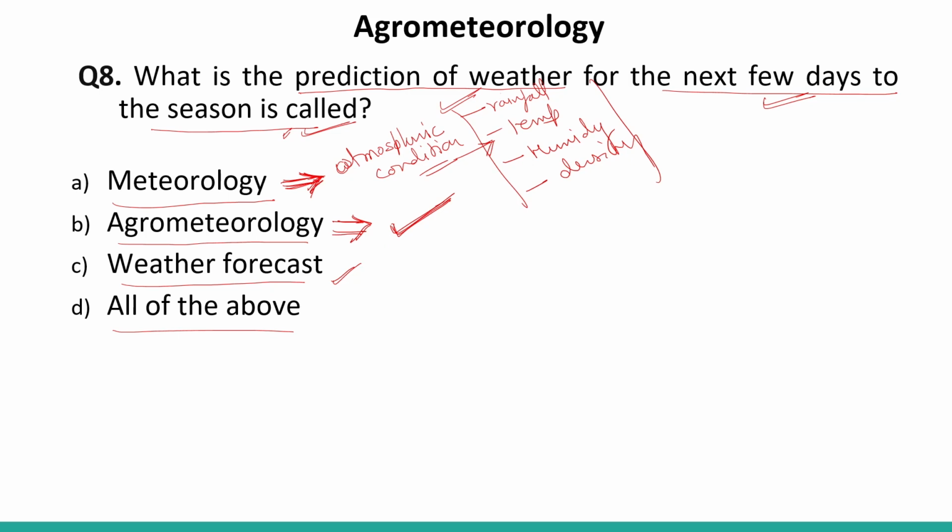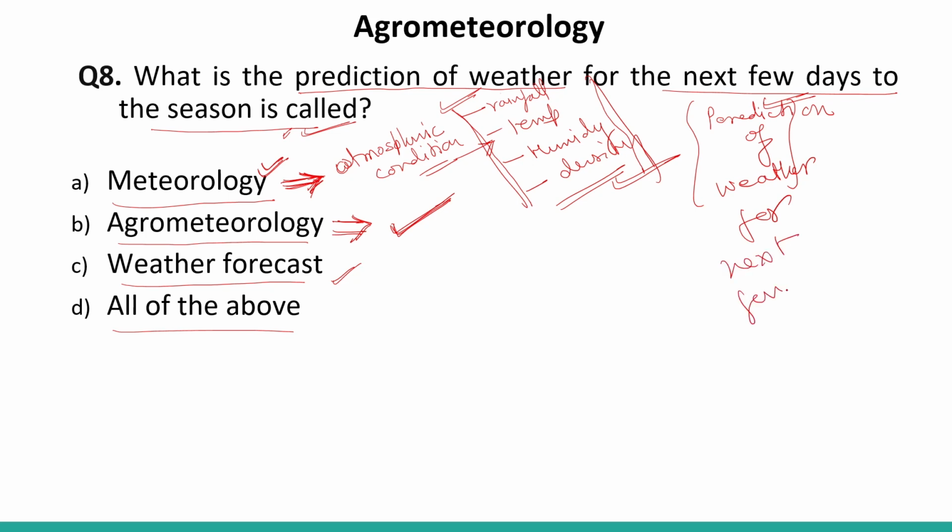This is based on the prior record of meteorology. The data collected by the meteorological department for the next few days is used for the prediction of weather for the next few days.